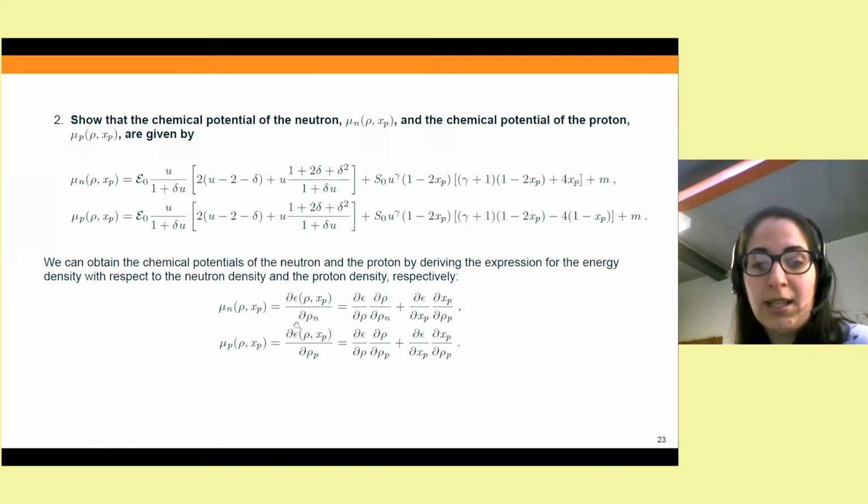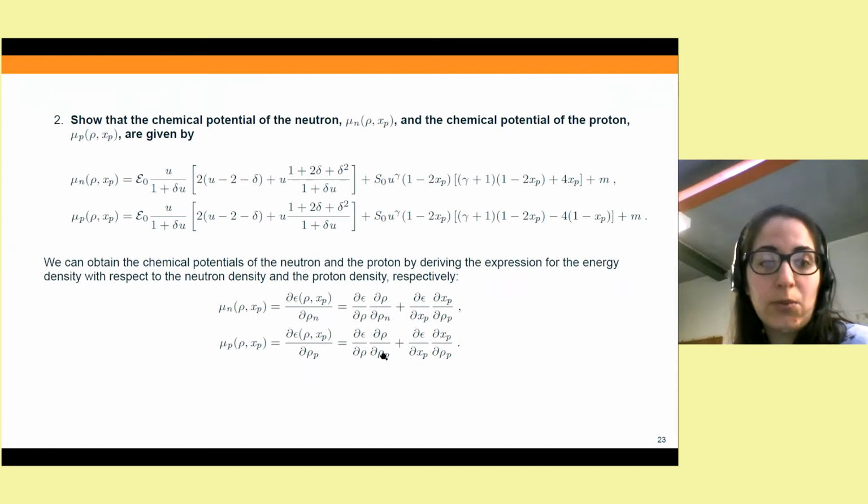The derivative with respect to the neutron density is the derivative with respect to the total density times the derivative of the density with respect to the neutron density, plus the derivative of the energy density with respect to the proton fraction times the derivative of the proton fraction with respect to the neutron density. Sorry, this should be a neutron here. And the same for the proton, when we take the derivatives with respect to the proton density.